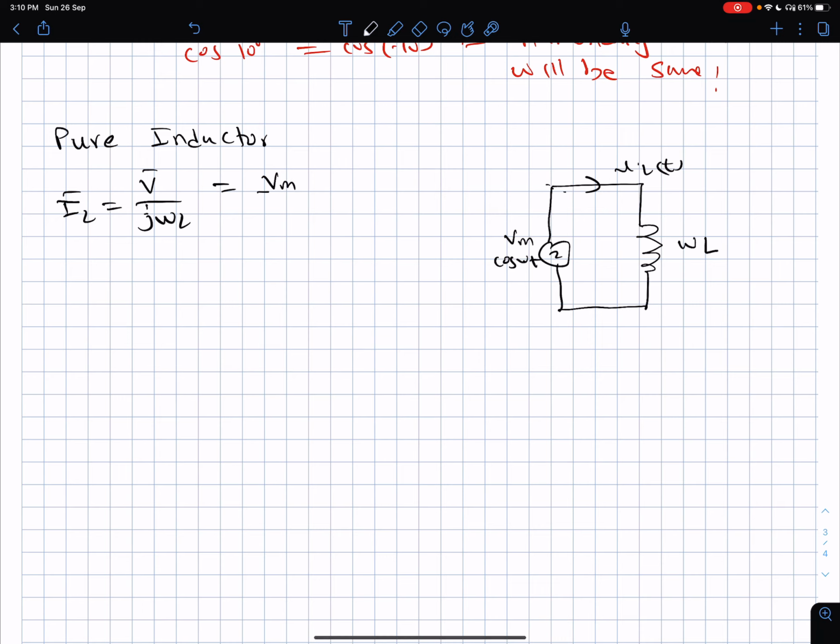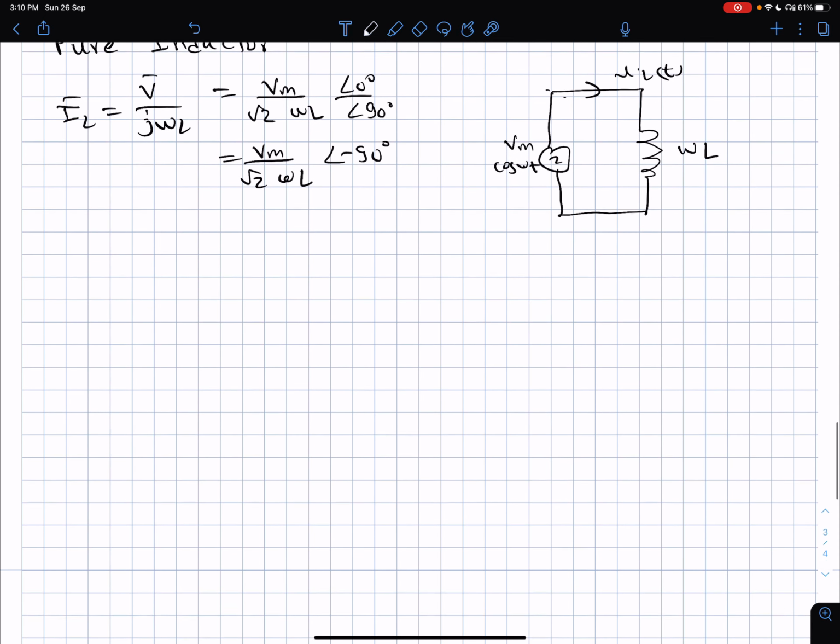So this is equal to Vm by root 2 angle 0 divided by j omega L, which is Vm by root 2 omega L at an angle of minus 90 degrees.